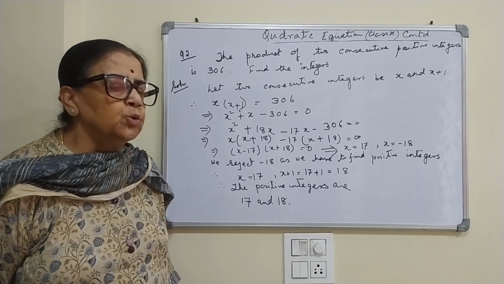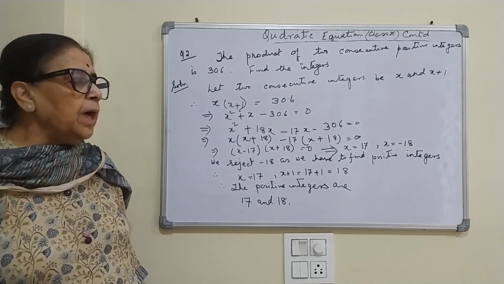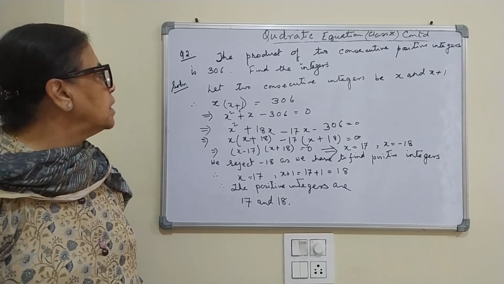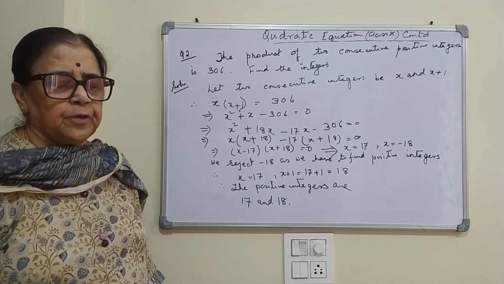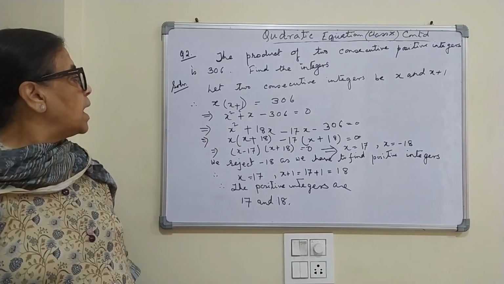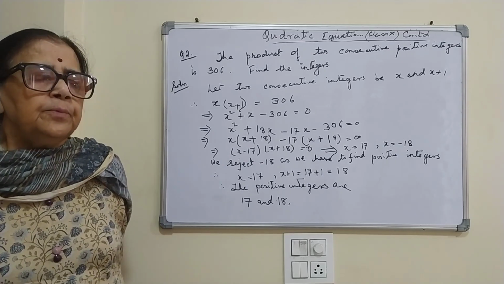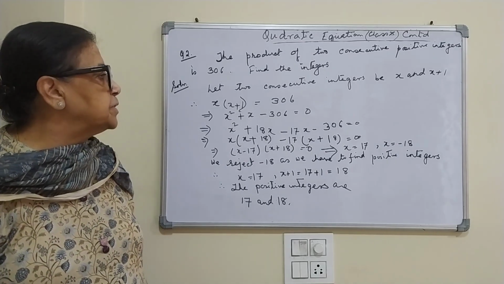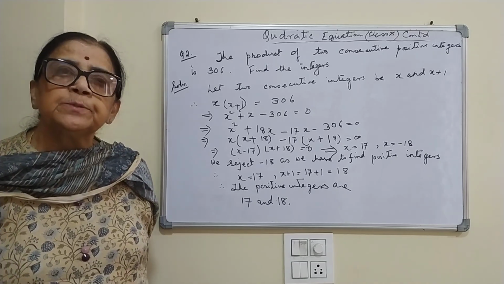Now, question number 2. The product of two consecutive positive integers is 306. Find the integers. Let the two consecutive positive integers be x and x plus 1.